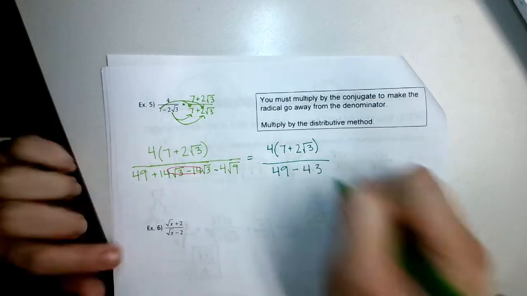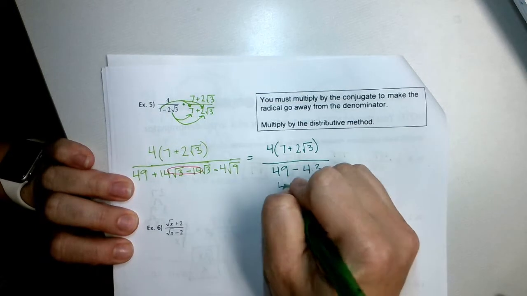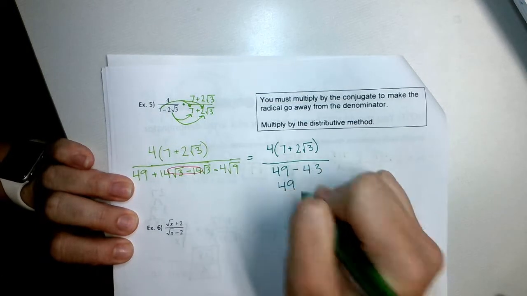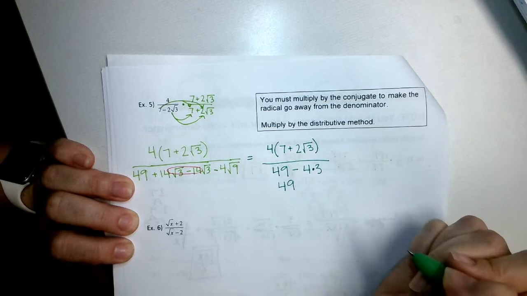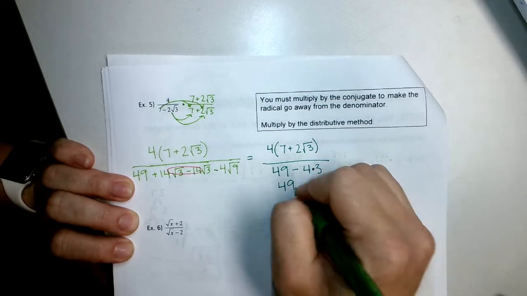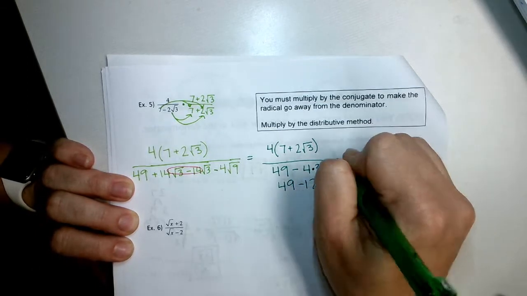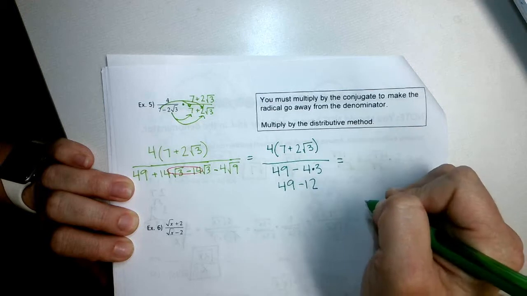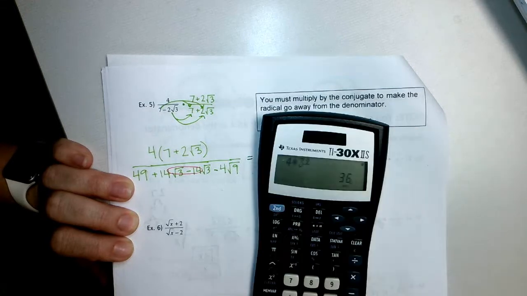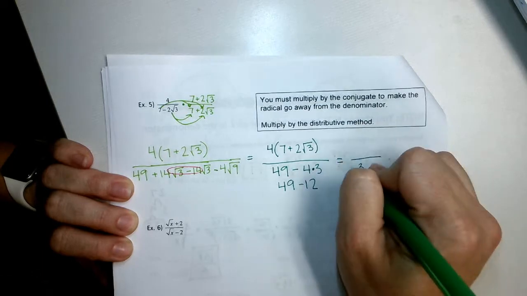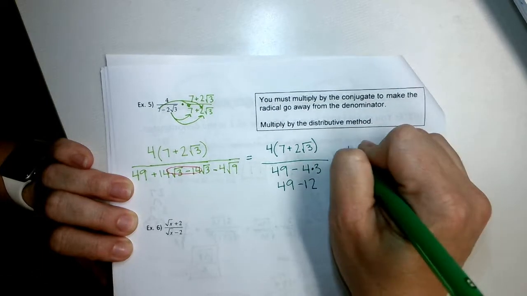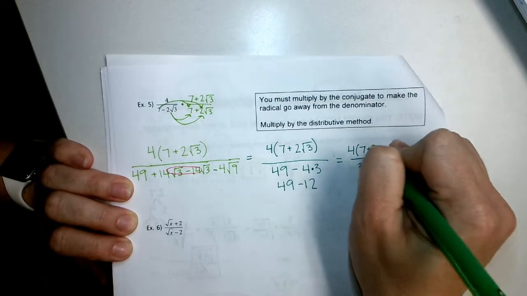What's negative 4 times 3? Negative 12. What's 49 minus 12? 37. So I end up getting 37 as my denominator, and I have 4 times 7 plus 2 root 3 on top.